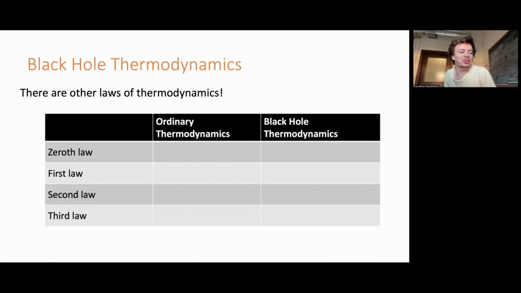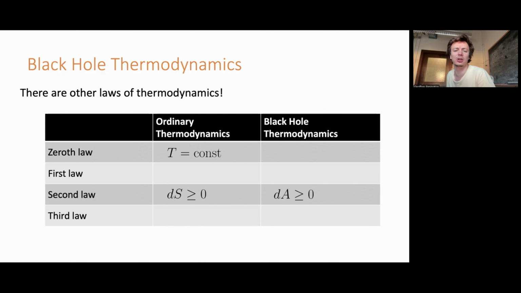Okay, that's just saying there's something that monotonically increases over time. That's not very deep or interesting. But it turns out all the other laws of thermodynamics also have analogs that you can think of as black hole thermodynamics. So we just described the second law of ordinary thermodynamics, that entropy increases, and for black hole thermodynamics, it's that the area increases.